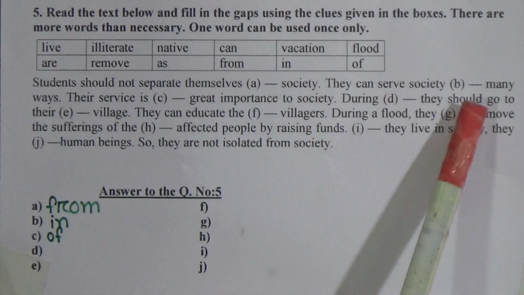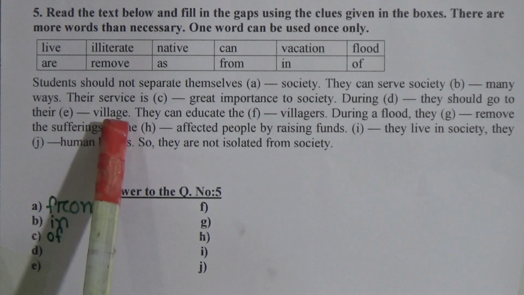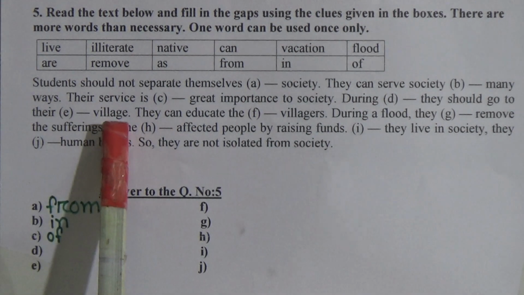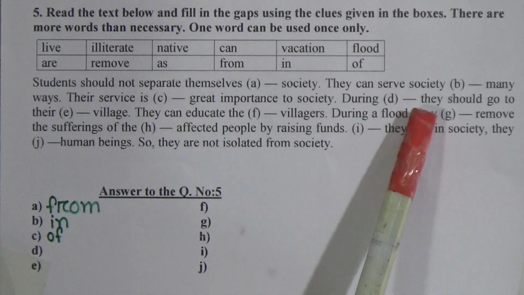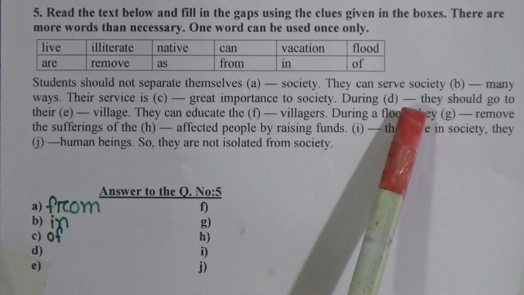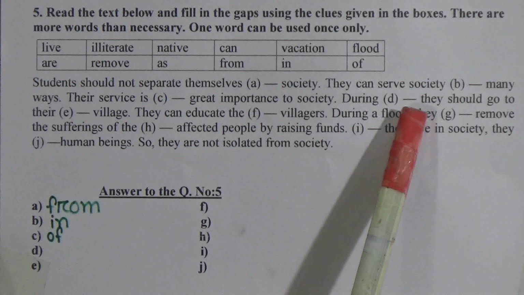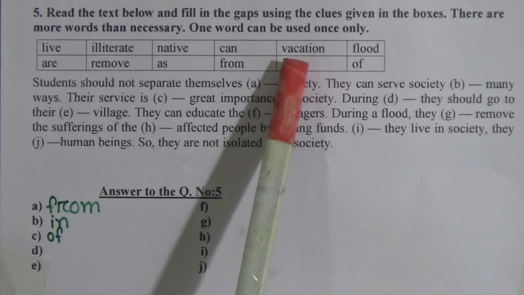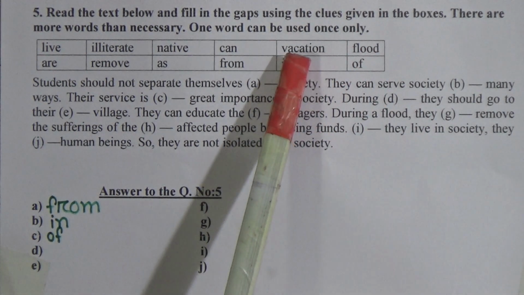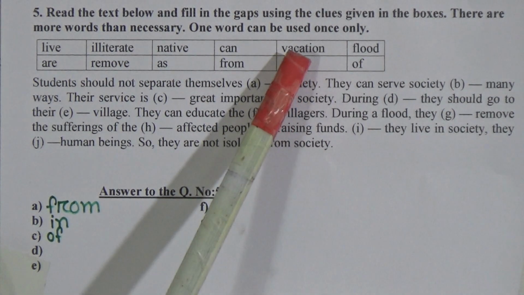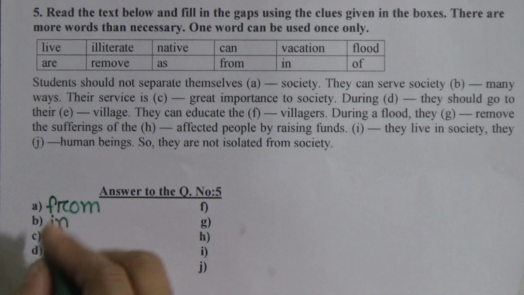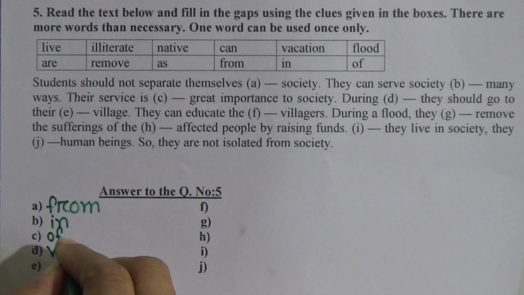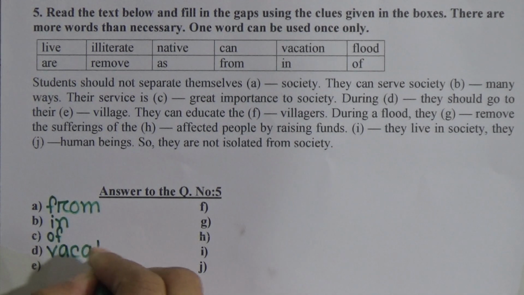During dash, they should go to their dash village. During dash day. So which time should they go to their village? Obviously, it will be vacation. In vacation time, we usually go to our village. So in number D, the word will be vacation.